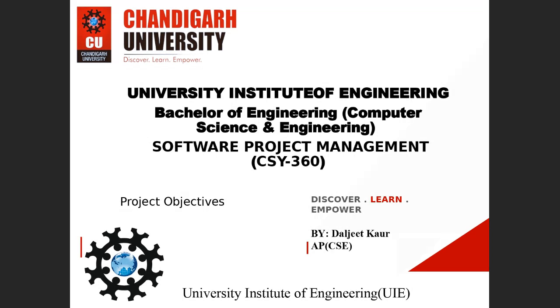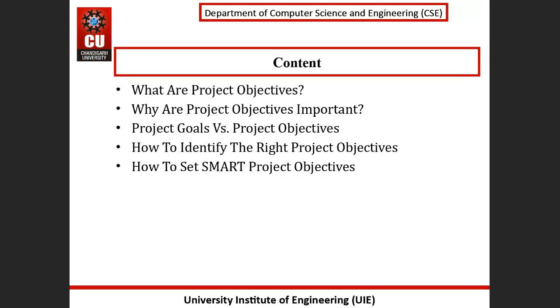Okay, second is setting objectives or project objectives. The content that we will discuss is, first of all, what are project objectives? Why are project objectives important? What is the difference between project goals and project objectives, and how to identify the right project objectives?